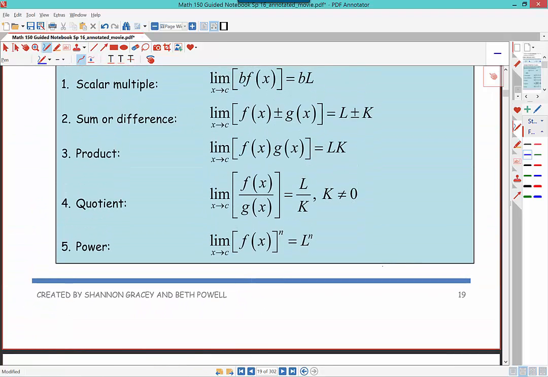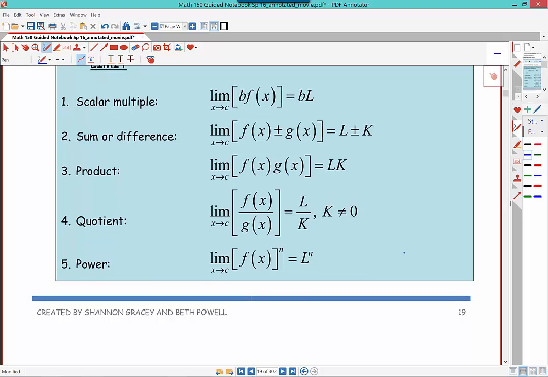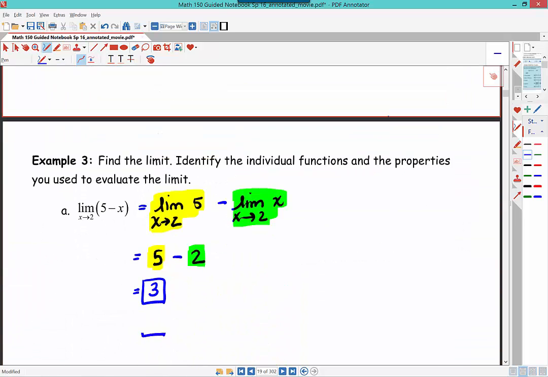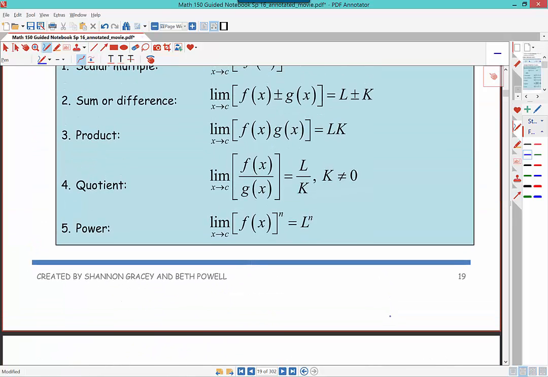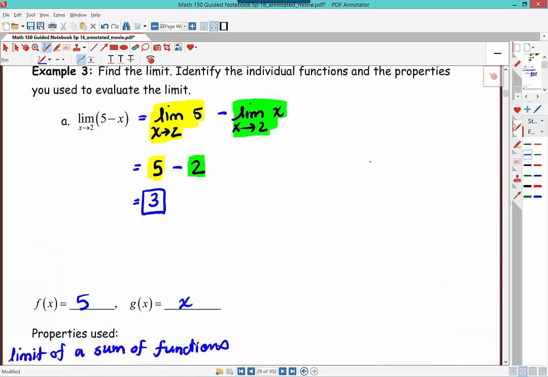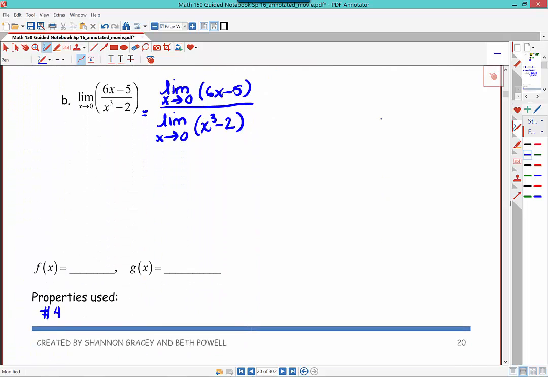So I think we're actually using everything except for number 3. Yes, everything except for number 3. So we'd have number 4, number 2, that's the difference of functions, and then number 1 and number 5.